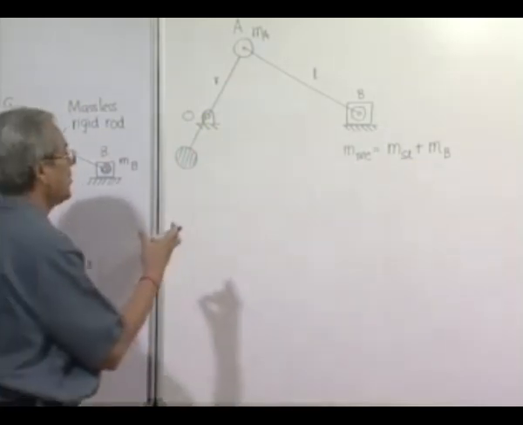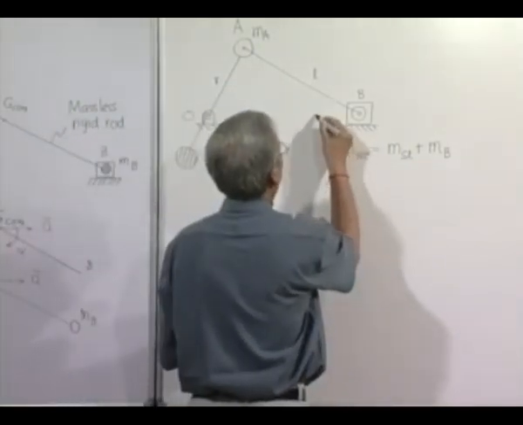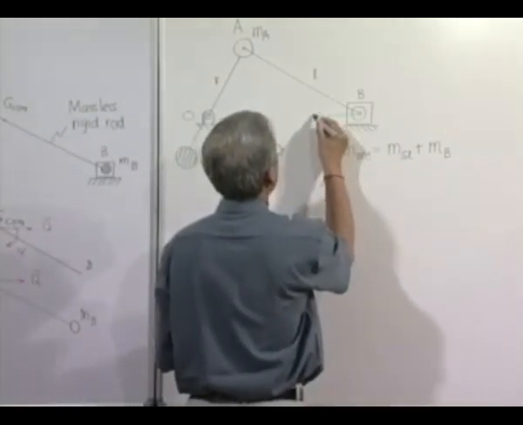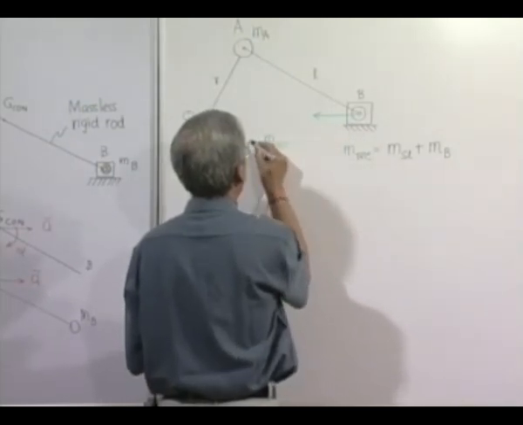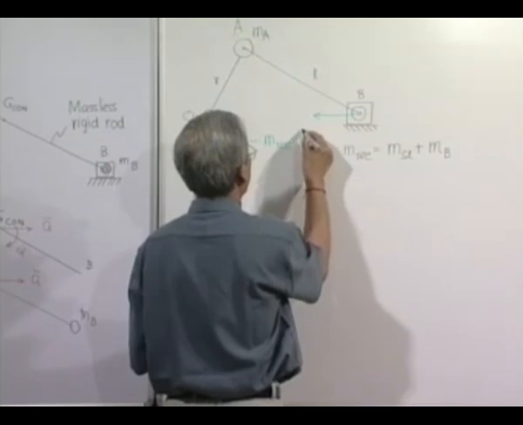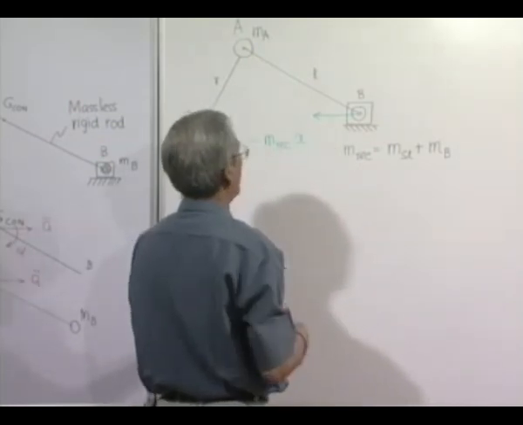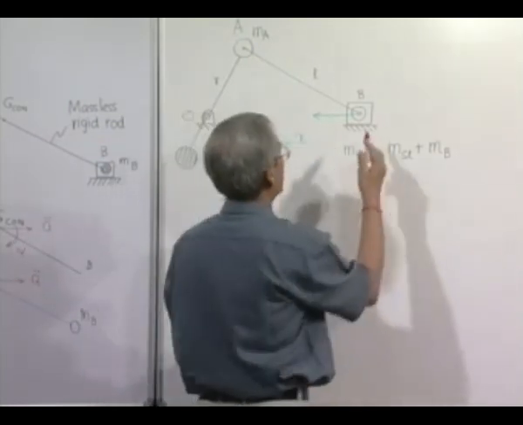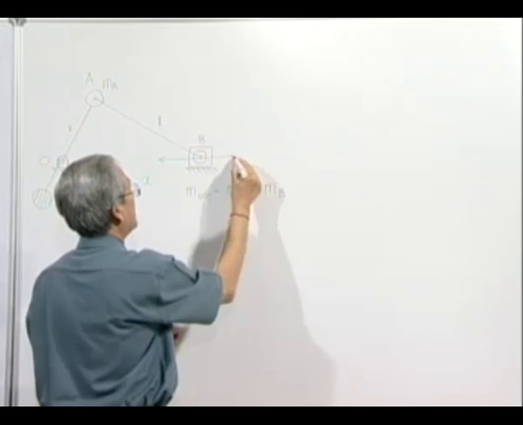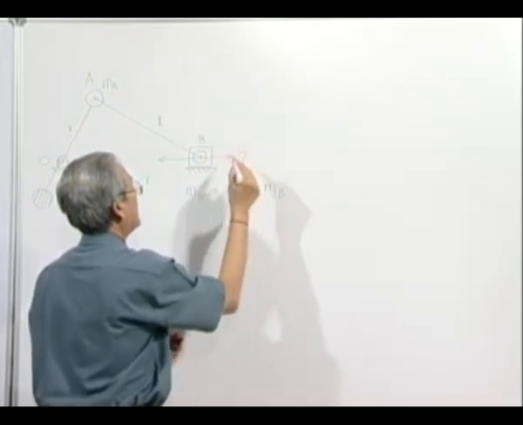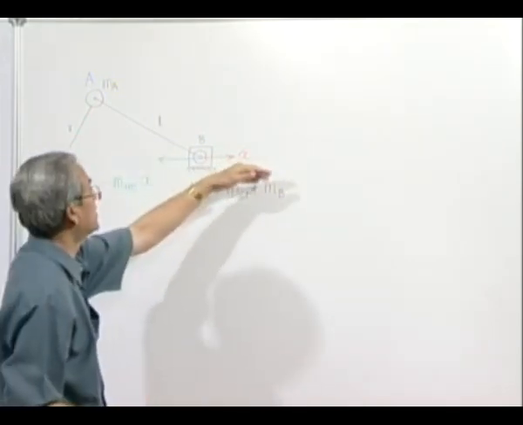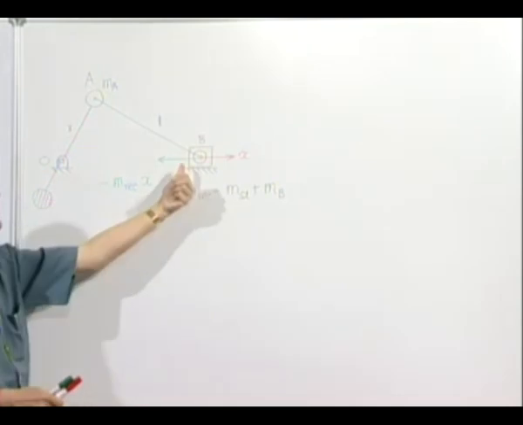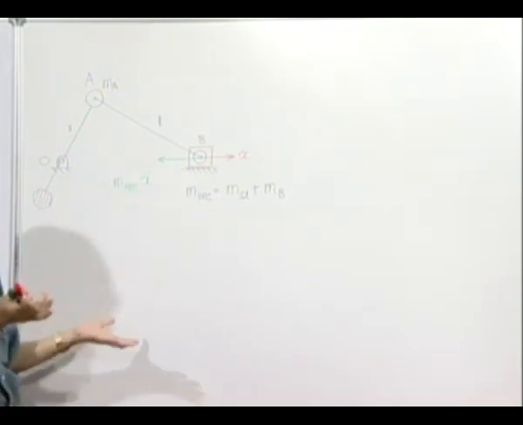So therefore, now the only unbalanced force will be M reciprocating into minus x2 dot, where x2 dot is the acceleration at this instant. Of course, you should keep in mind that x2 dot in a positive sense is in this direction, so your inertia force will be in the opposite direction, and that will be the unbalanced force.